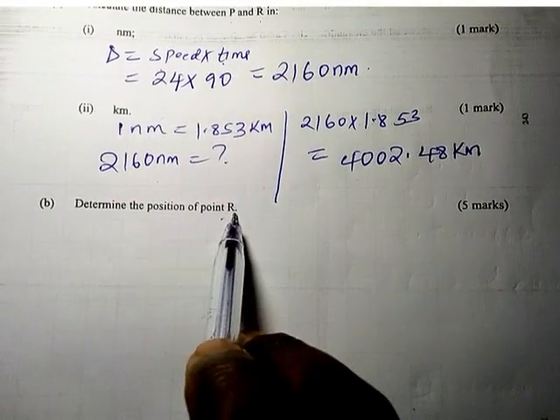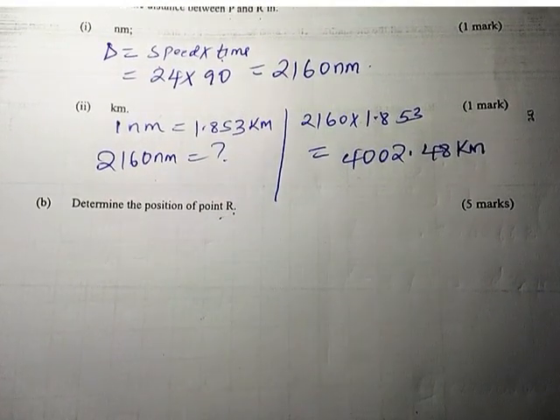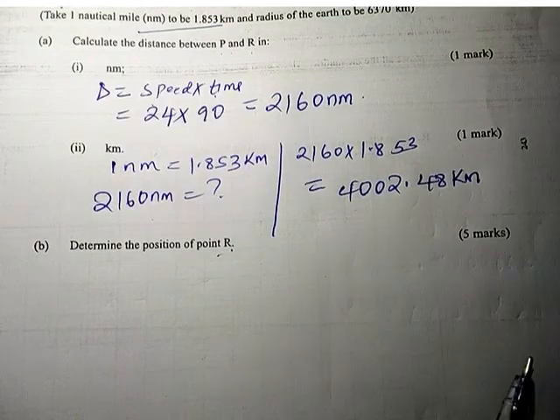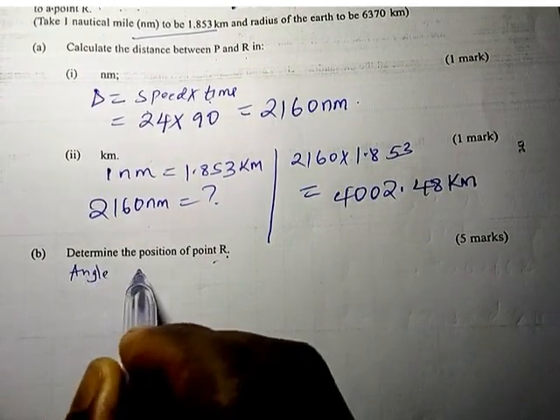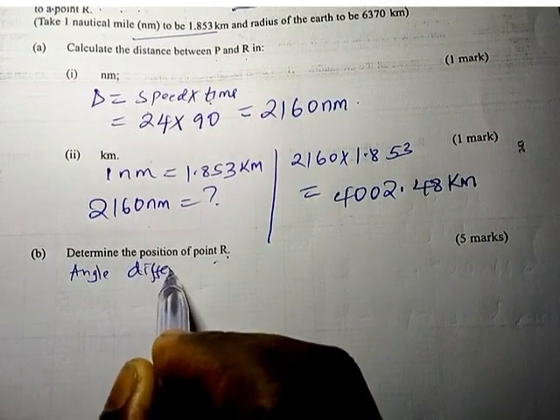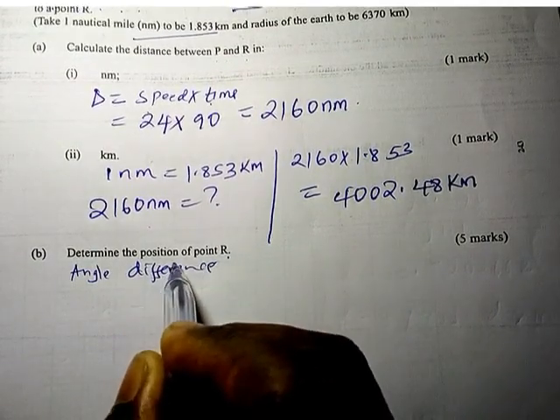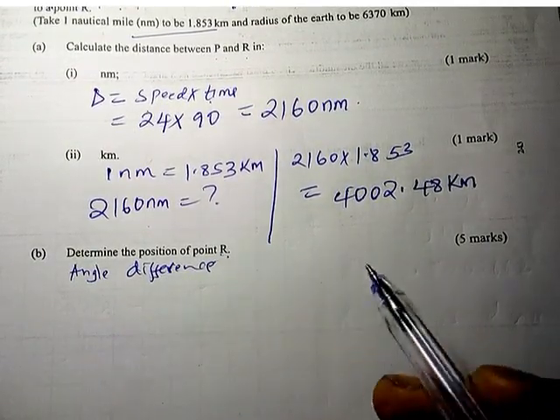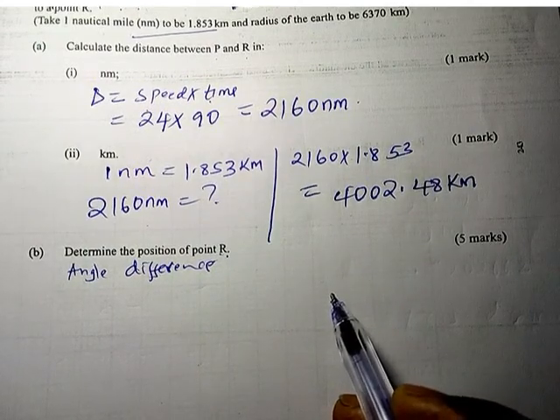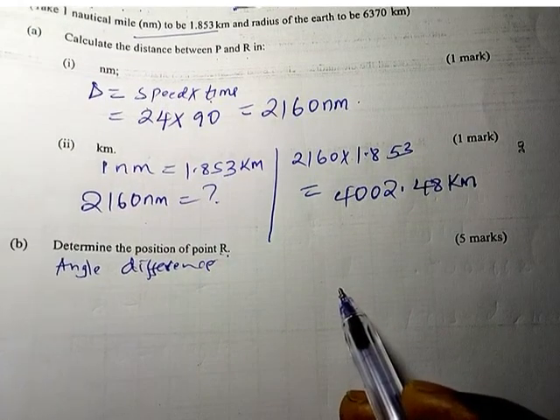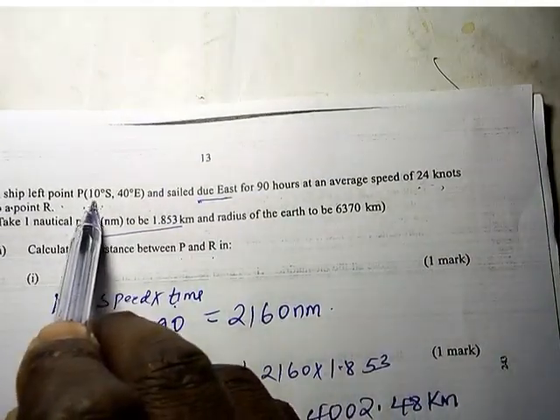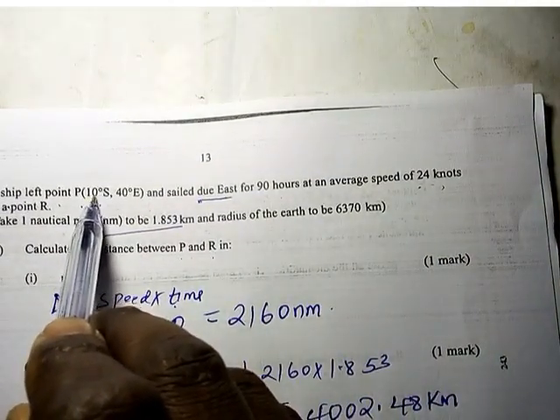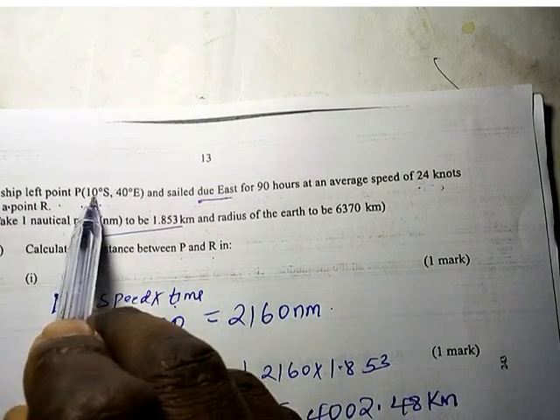Determine the position of R. To get the position of R, first we get the angle difference. We have a point R, we don't know where it is, but we have the distance in nautical miles. We know the formula, and this one is automatically a small circle because the latitude here is 10, so it is a small circle.